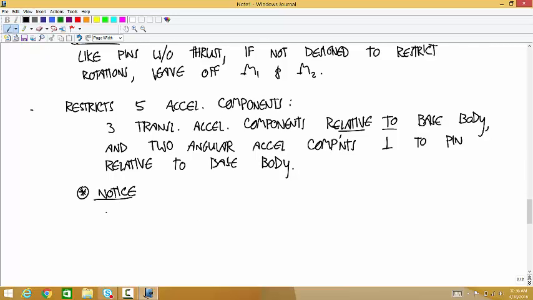And again, if this joint is not designed to restrict rotations, leave out the angular accelerations.